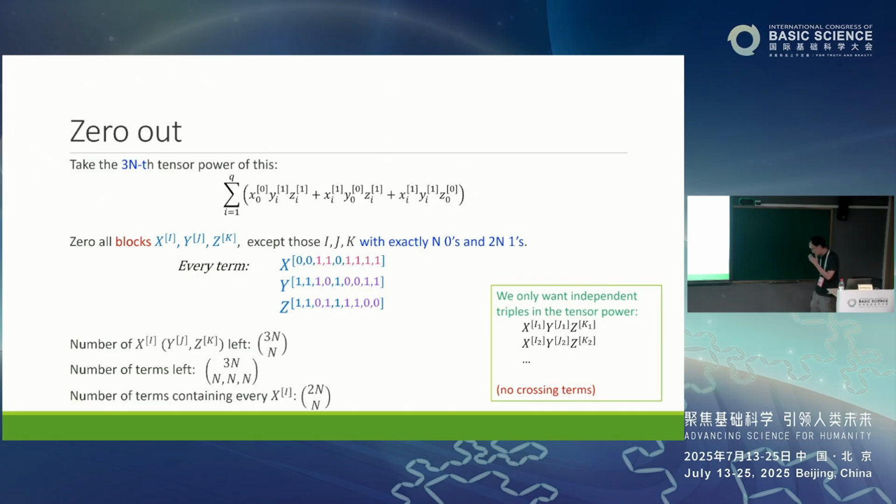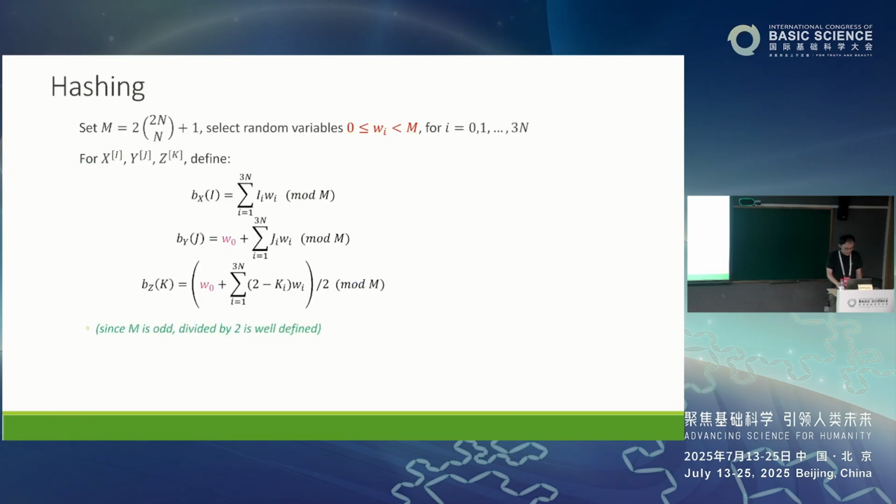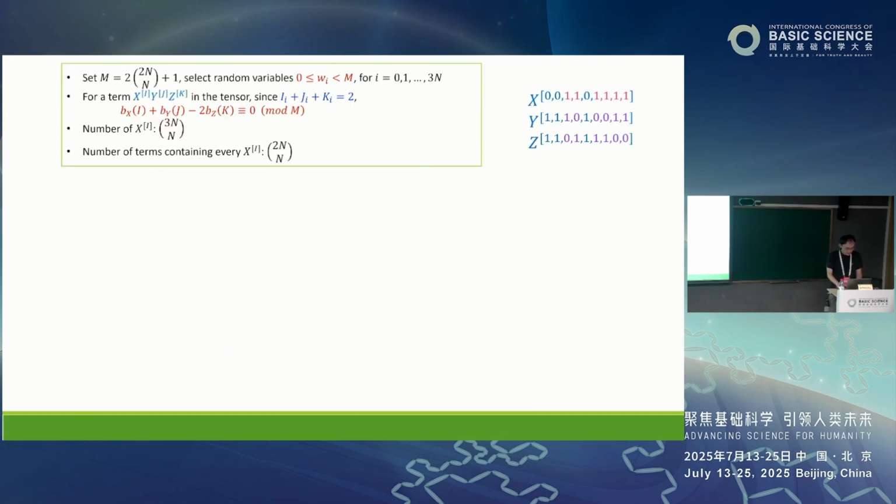So the Coppersmith-Winograd method further zeroes out such blocks until we get independent matrix multiplications. They use a hashing method to do that.